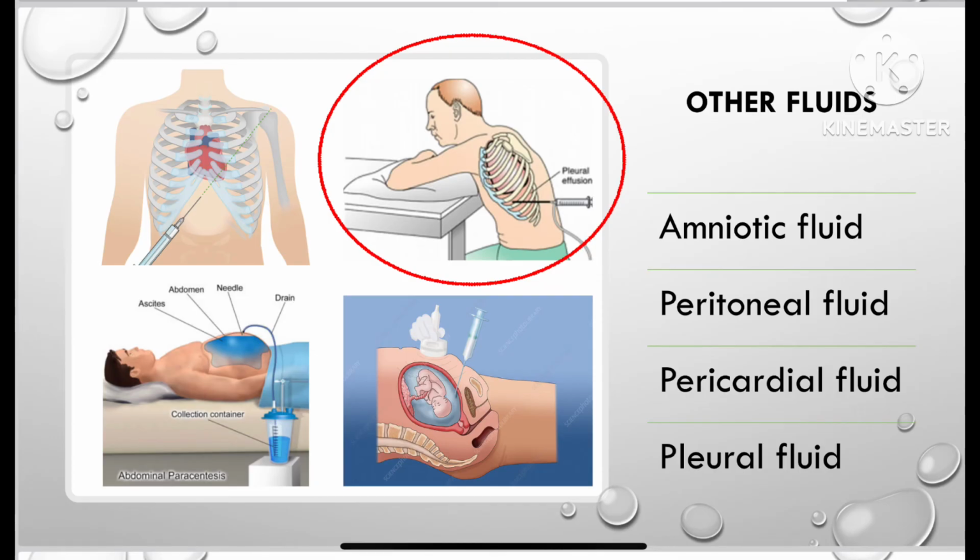Because the fluid is normally there, but there shouldn't be any accumulation. So if there is abnormal accumulation, that's the time that there's an indication for removal of the fluid for testing.